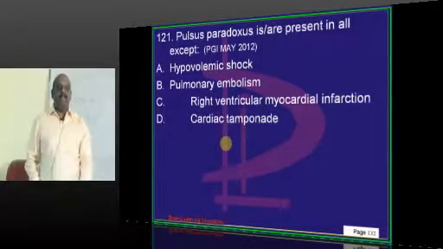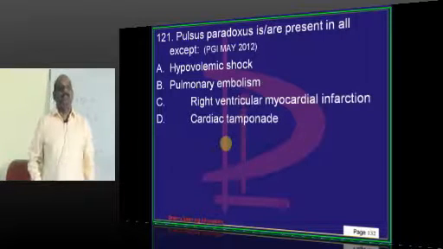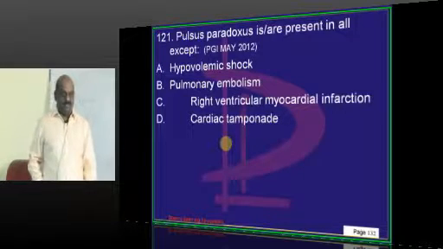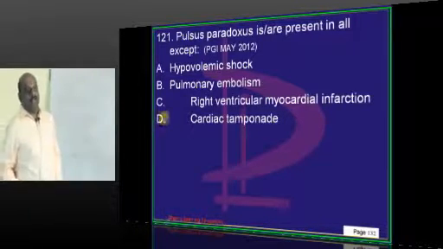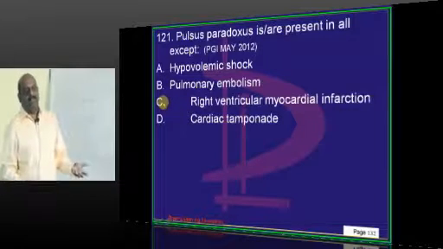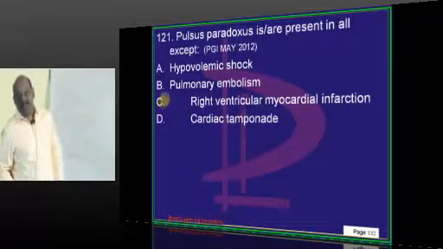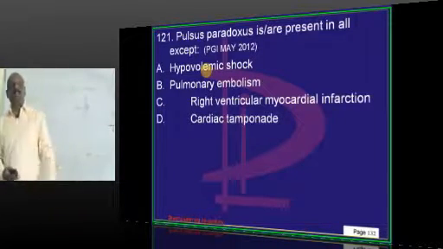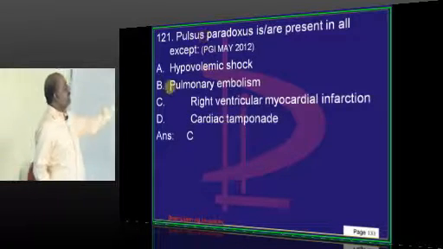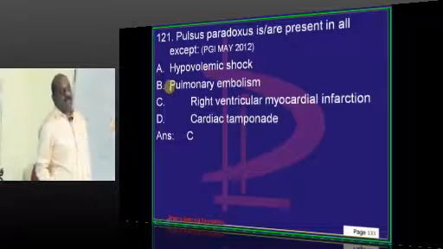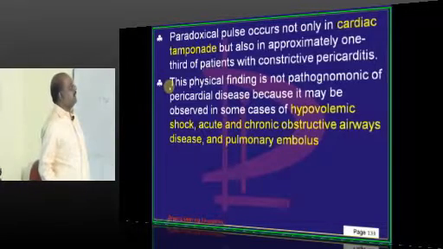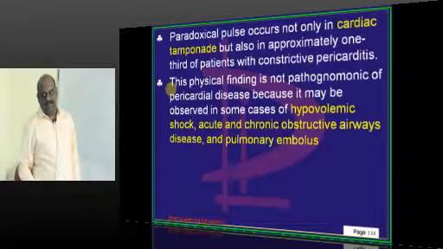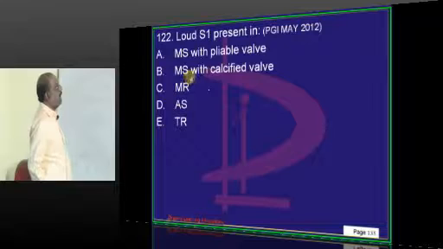That becomes exaggerated and altogether the pulse becomes absent, though the heart is beating. That is called pulsus paradoxus: exaggeration of the normal inspiratory fall of the pulse. Why is it called paradoxus? Because the pulse is not felt, yet the heart is beating. And where do you see it? Whenever there is hypovolemic shock, pulmonary embolism, cardiac tamponade, and many other conditions like COPD, where high positive pressures are created, that leads to pulsus paradoxus.